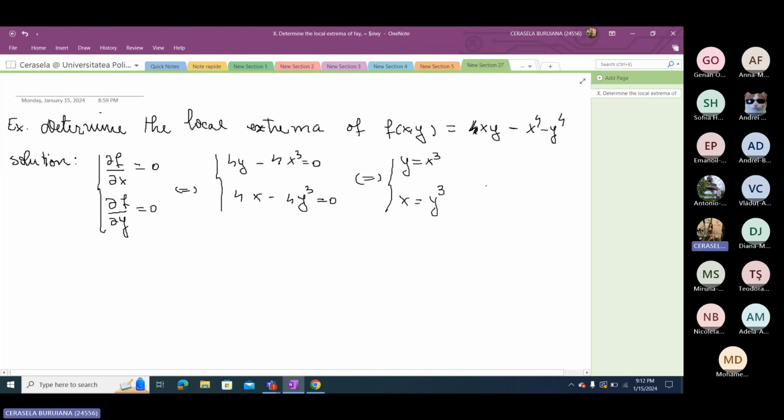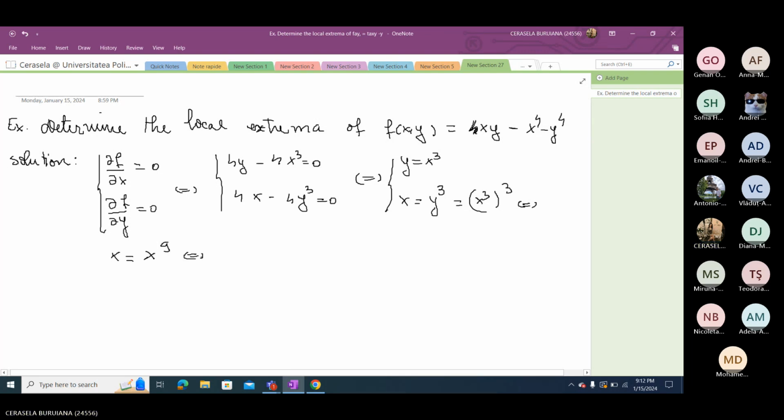Good. What can I do? Well, now, from the first equation, because y equals x power 3, I replace, and that's x power 3, which is equivalent, if we look at the last relation, to x being equal to x power 9.